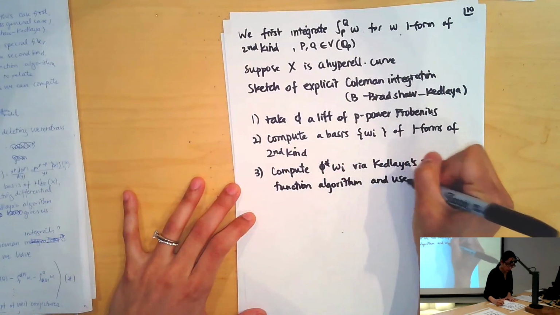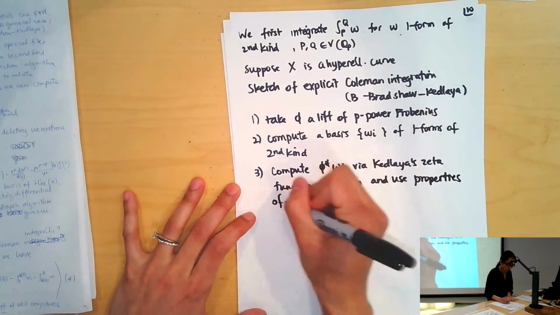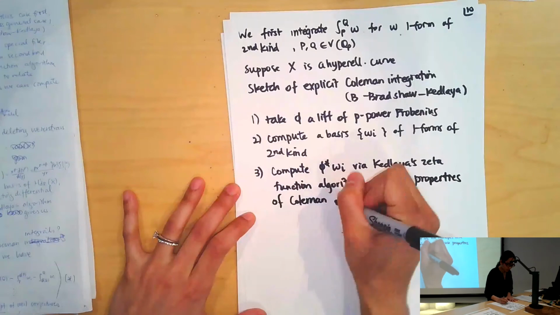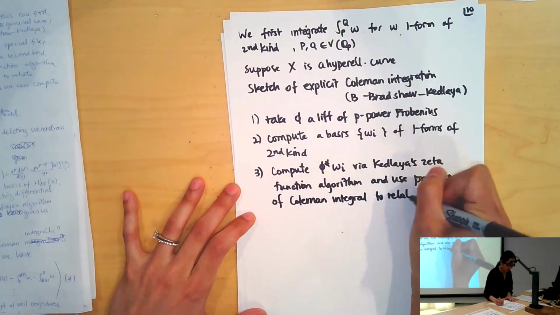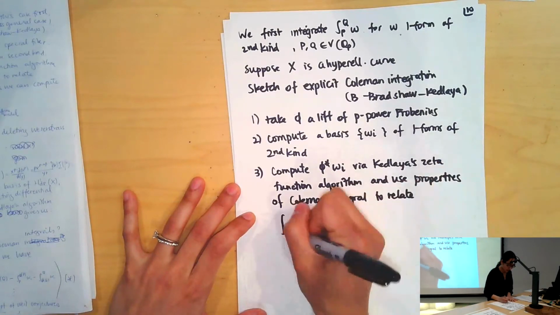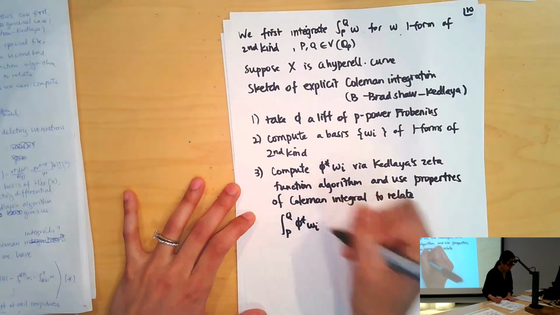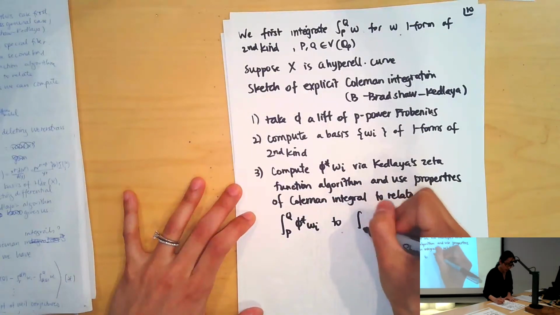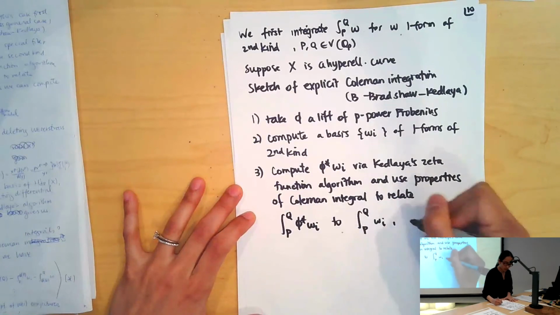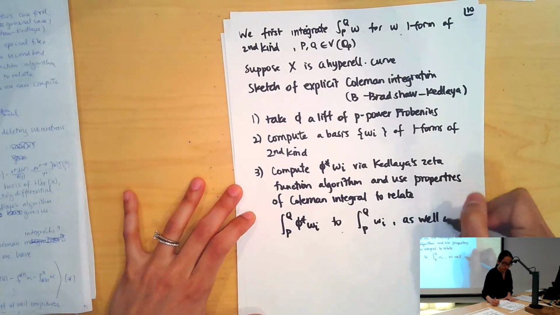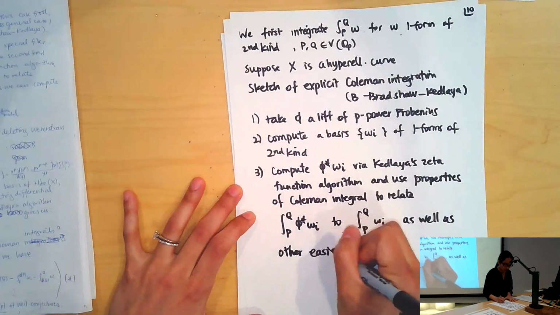And we'll use properties of the Coleman integral to relate the integral from P to Q of the pullback of omega_i to the integral that we actually want to compute, the integral of omega_i from P to Q, as well as other, easier terms.